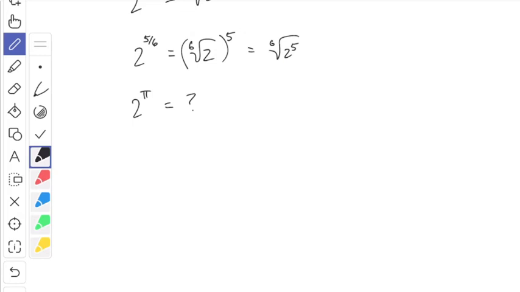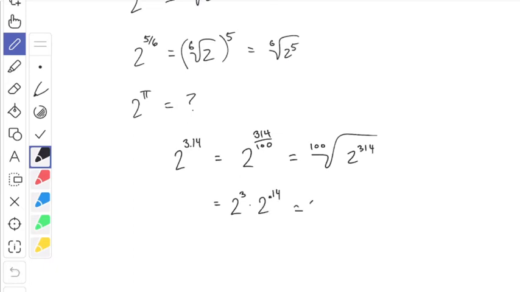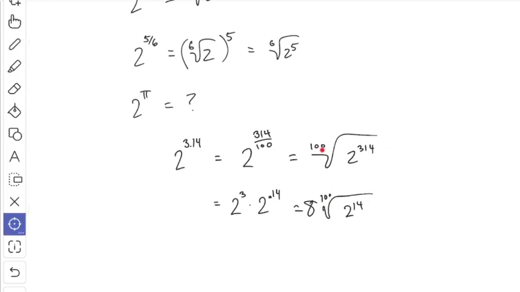If you wanted to do 2 to the 3.14, I would write this instead as 2 to the 3, and, similar to what you were suggesting, another way you could write this is 2 to the 3 times 2 to the 0.14, and then make this like 8 times some weird leftover part.